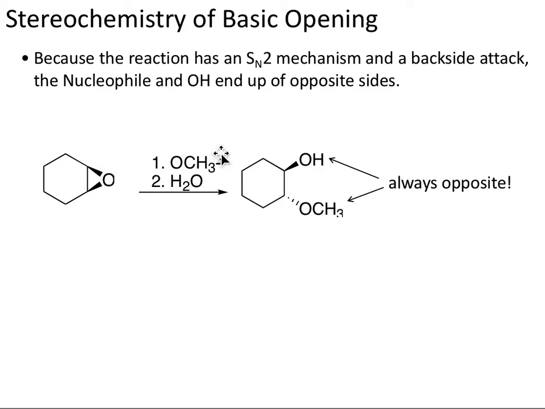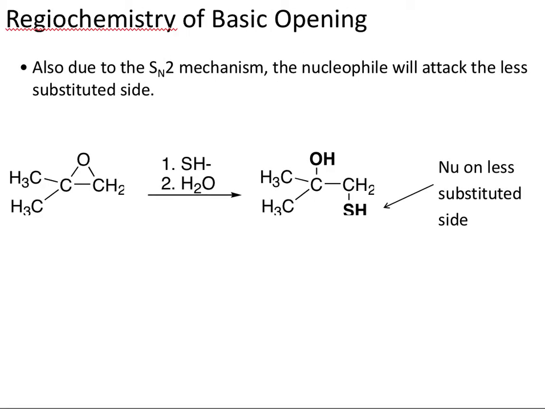So here we have a methoxide nucleophile coming in. It attacks our epoxide from the back end. Therefore, it's pointing downward in the final product. Our oxygen goes up from the front end, and therefore our OH group is pointing up in the product. And this is typical SN2 dynamics.